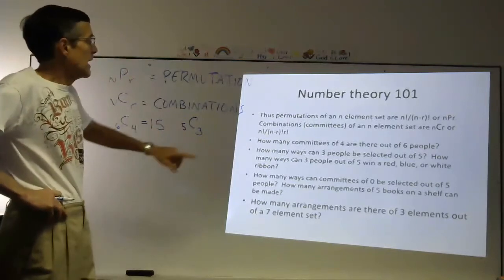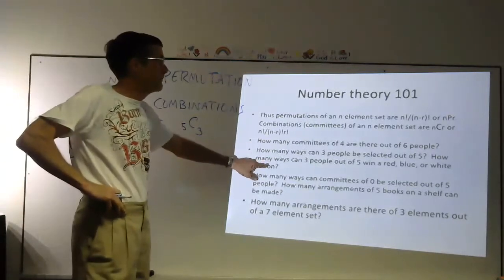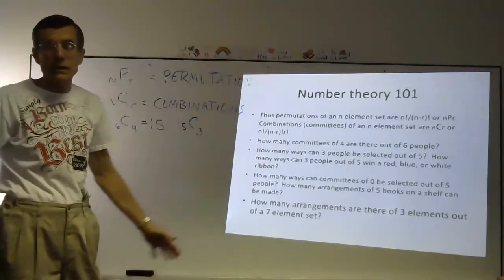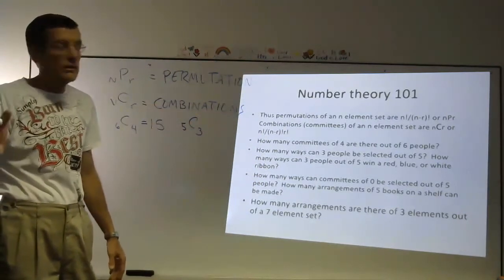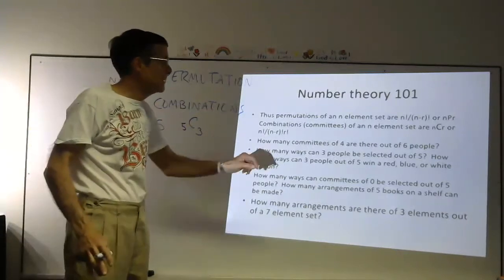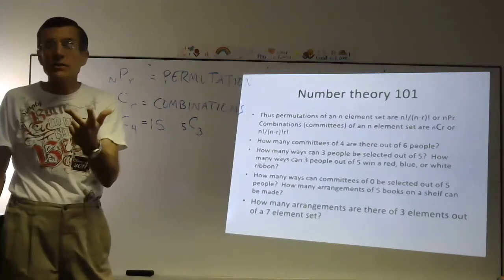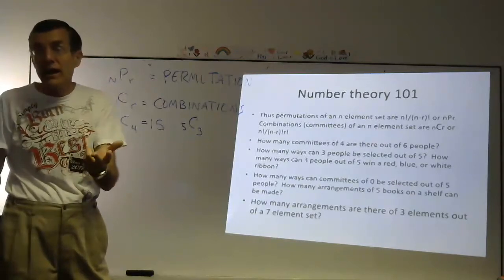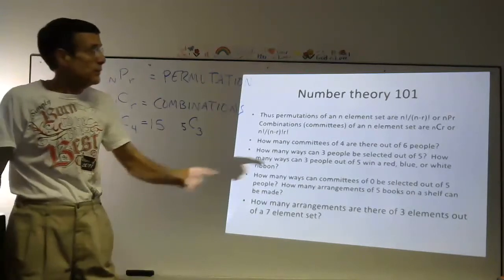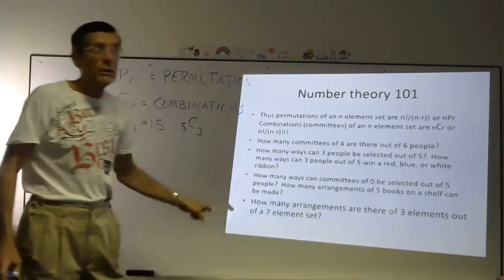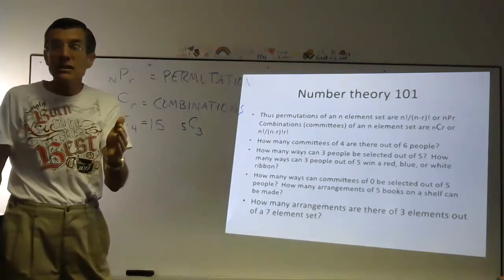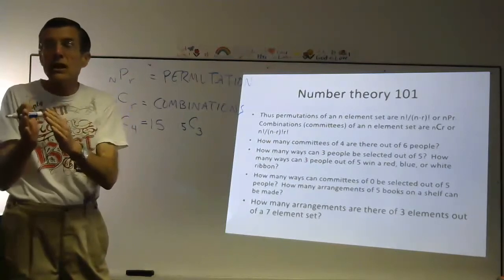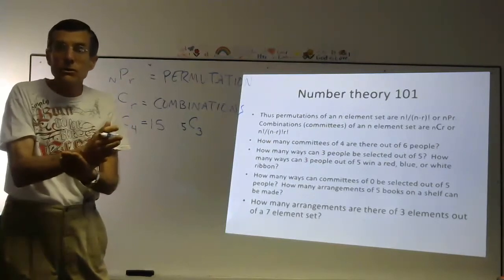All right, how many ways can 3 people out of 5 win a red, blue, or white ribbon? Hold everything. This is horribly different. If you have a committee of people A, B, and C, that committee is the same whether it's C, B, and A, right? But if you're giving red, blue, or white ribbons, the arrangement is going to be critical because the first person named will get the red, second gets the blue, you see?